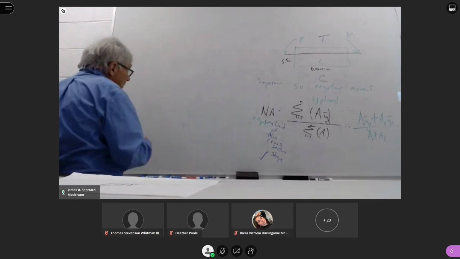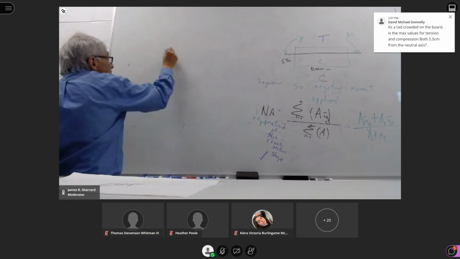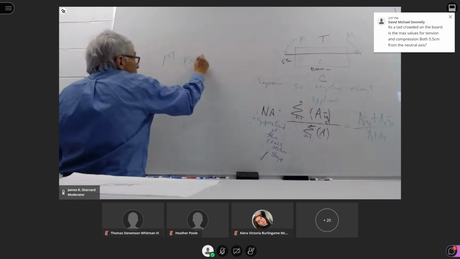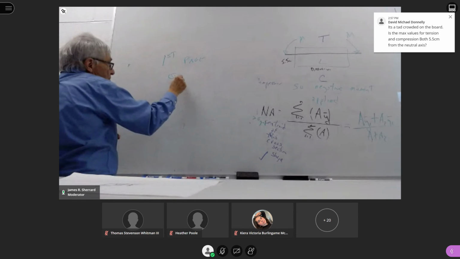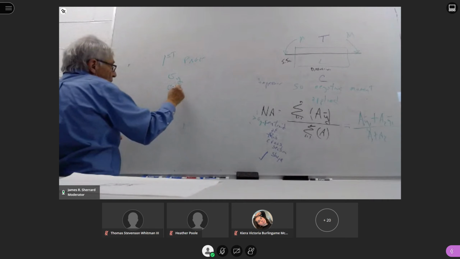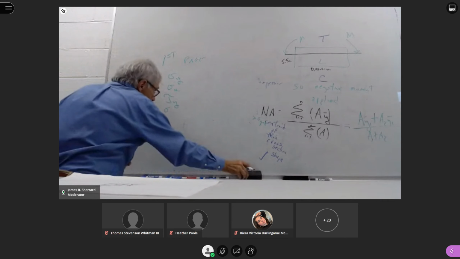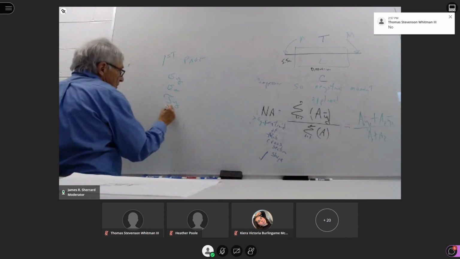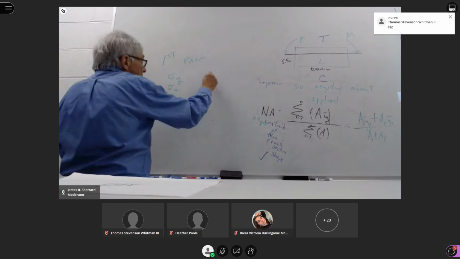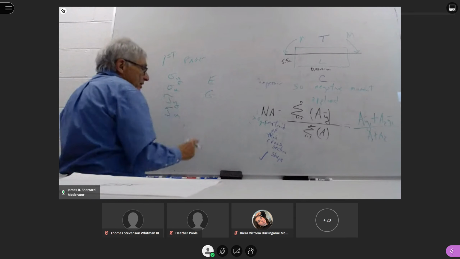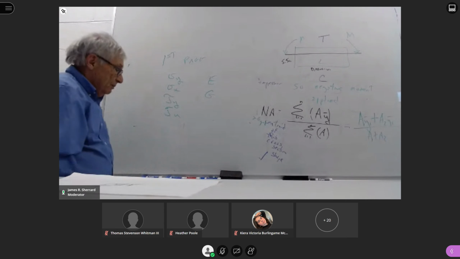There are 2 pages. So the first page is such things as yield values, ultimate values, E values, G values, densities, all that good stuff.